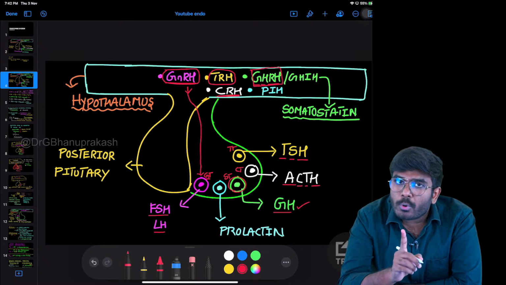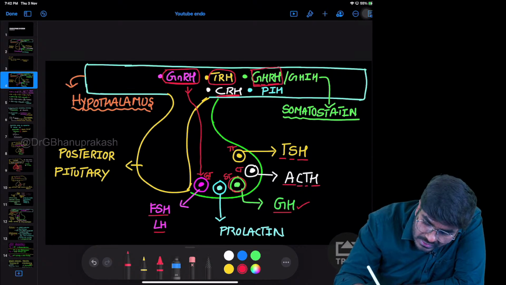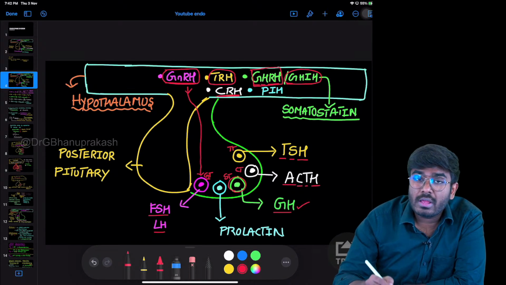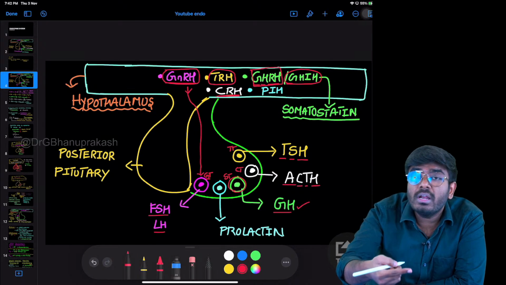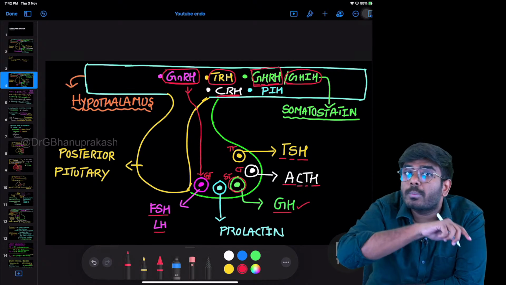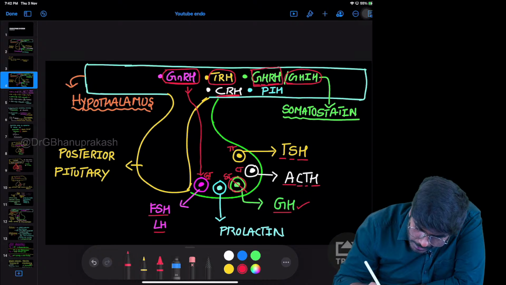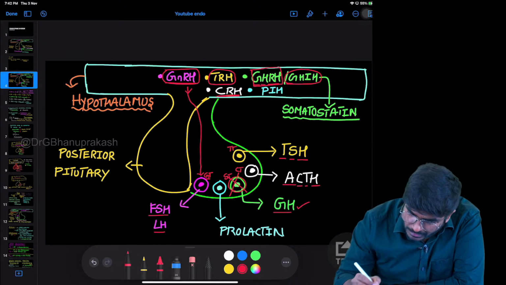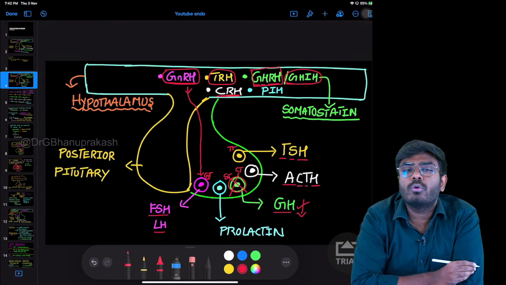But the important point is, whenever the growth hormone inhibitory hormone comes down into the anterior pituitary, the somatotropes are inhibited. Now they are not going to produce the growth hormone.